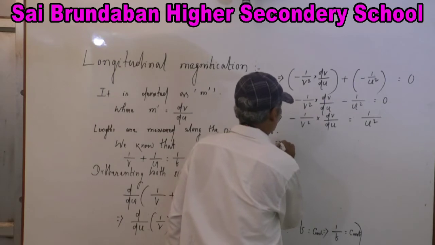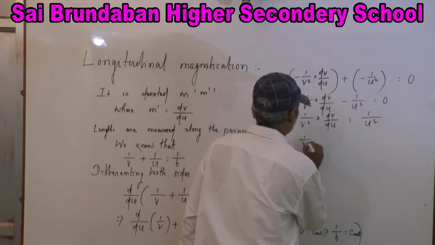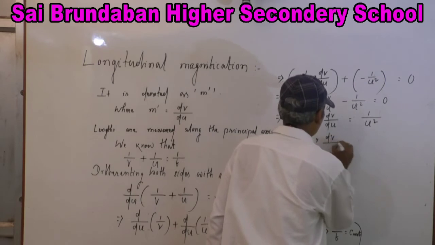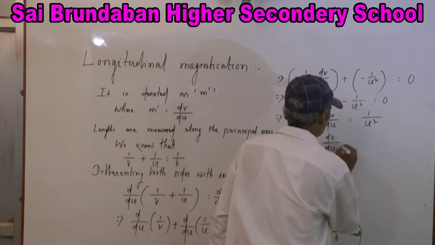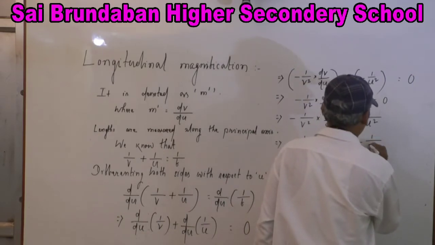Implies 1 by v square into dv by du is equal to minus 1 by u square.